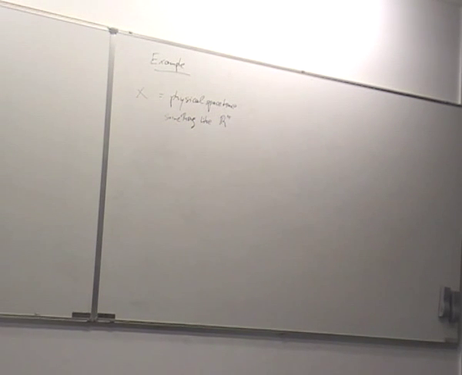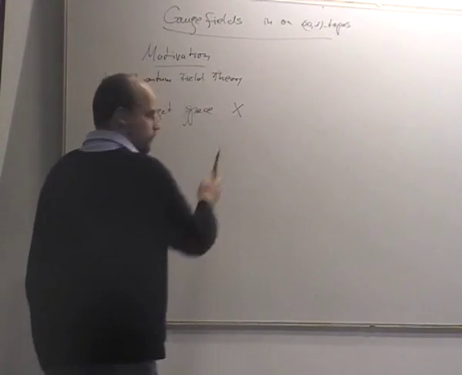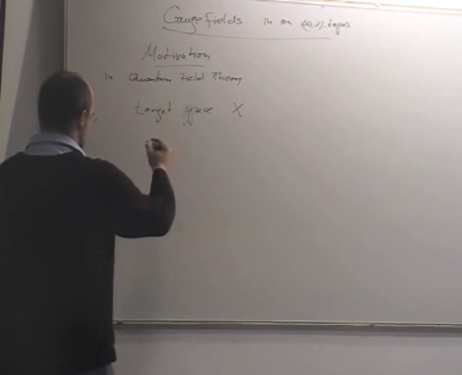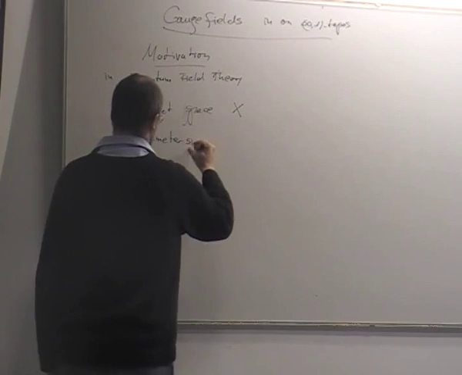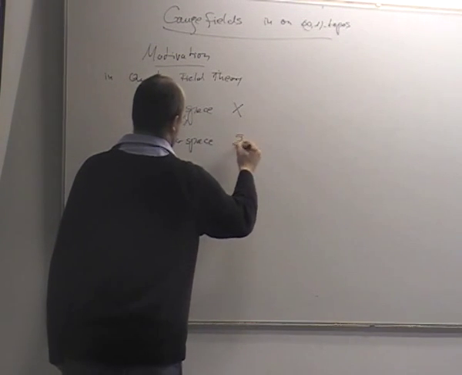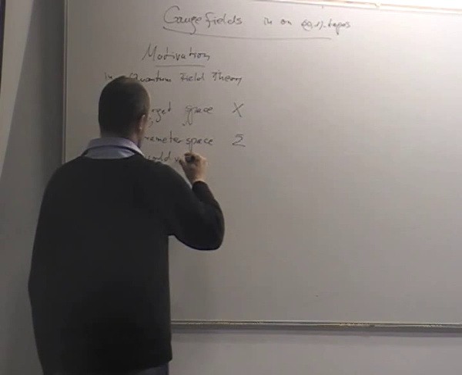So in this target space, we want to do physics. We want to understand how little particles propagate in X. For that, we introduce something called a parameter space, called sigma, what's called the world volume.